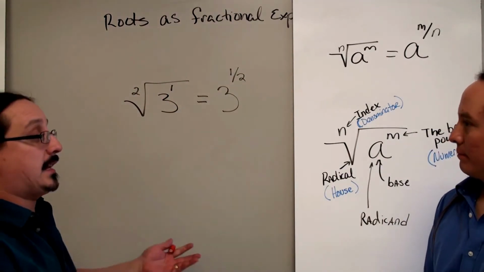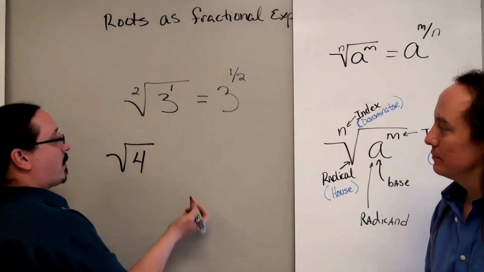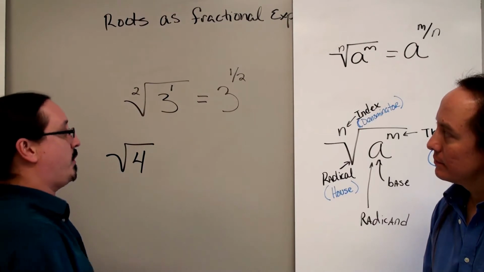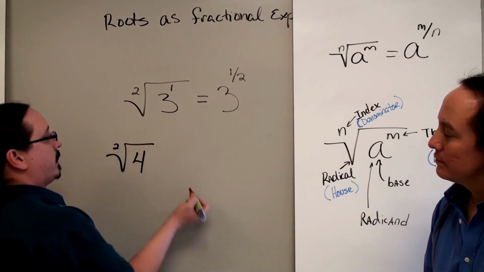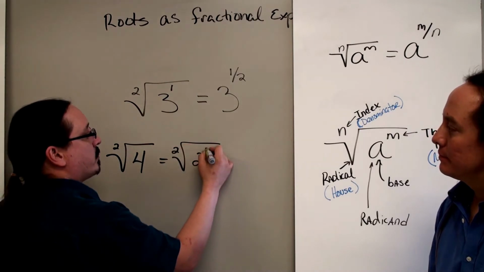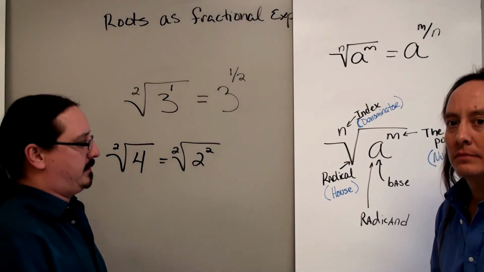So let's actually just look at this. Let's look at the square root of 4. We can break down 4 to 2 squared. So let's put this 2 here. I hope this is answering the question.